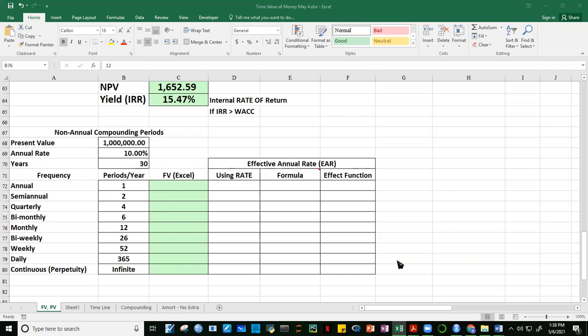So, nagkakaroon ng interest yung interest natin. So, practically guys, ang pinakamaganda dyan sa periods per year, yung infinite, yung perpetuity. Technically, ito yung pinakamaganda guys. Ito daily, ito perpetuity, walang hanggang pagko-compute ng interest. So, this is the best.